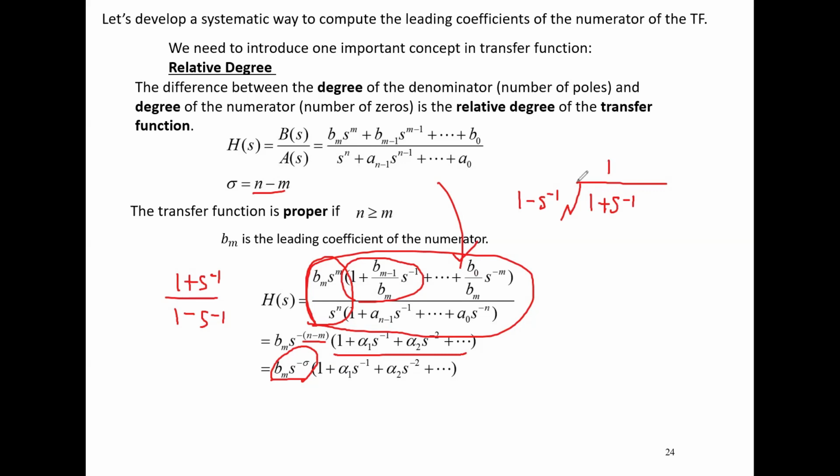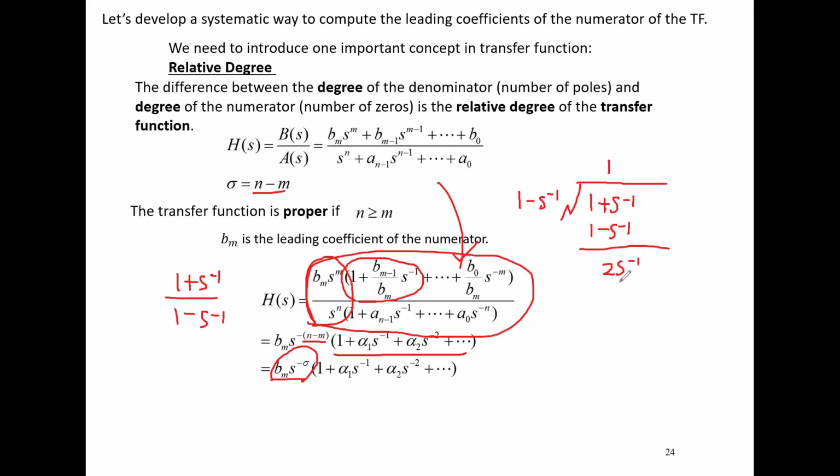One times this, so we get one. Then I subtract, and I get 2s to the minus 1.